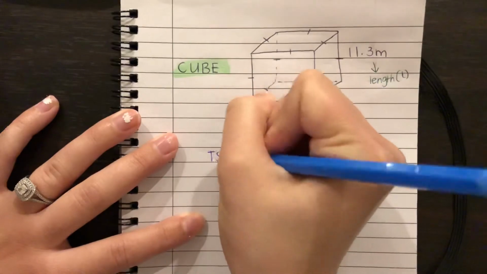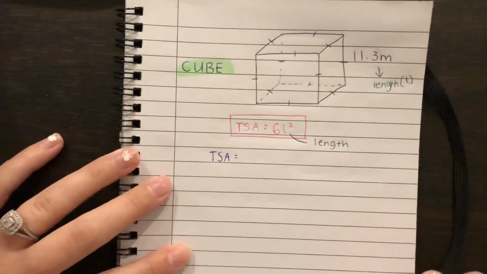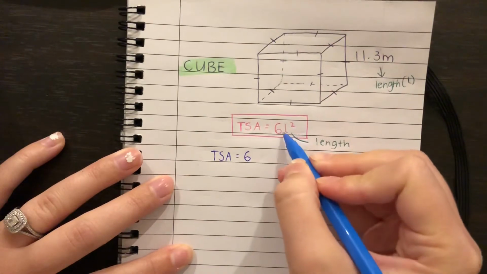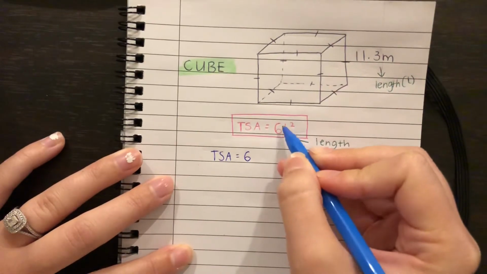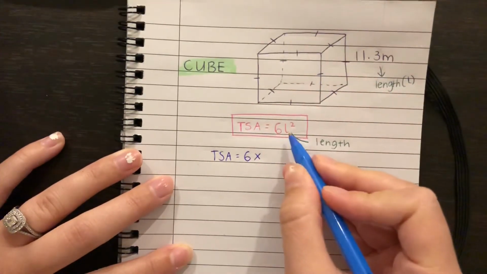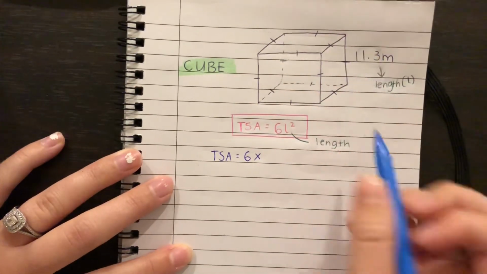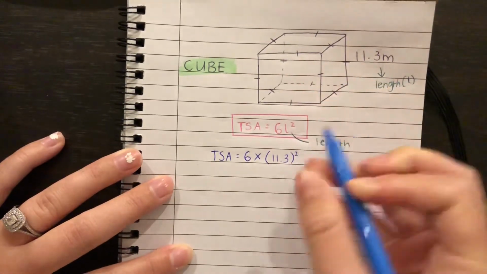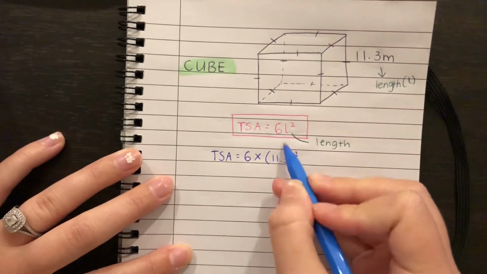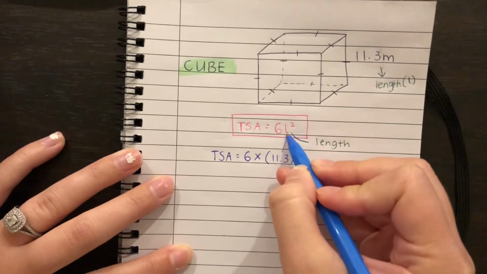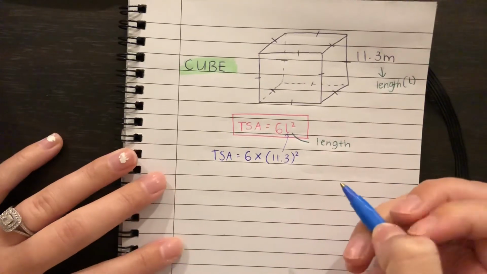So TSA equals 6. Now remember, when there are no gaps between something, there's an imaginary times sign. So times, and then L squared. Well, L is 11.3. So I put the 11.3 in where the L was. So this is coming from that part of the formula.